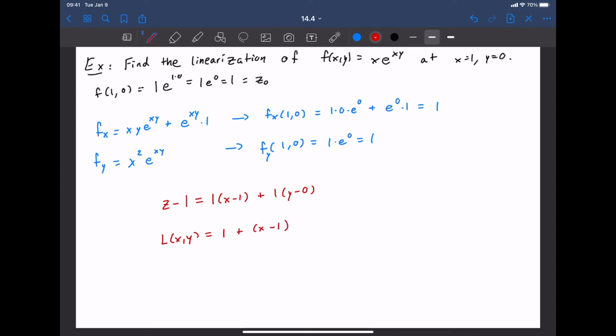We usually won't simplify it more than we have to because of how we're going to use these to estimate errors or to approximate other sorts of things.